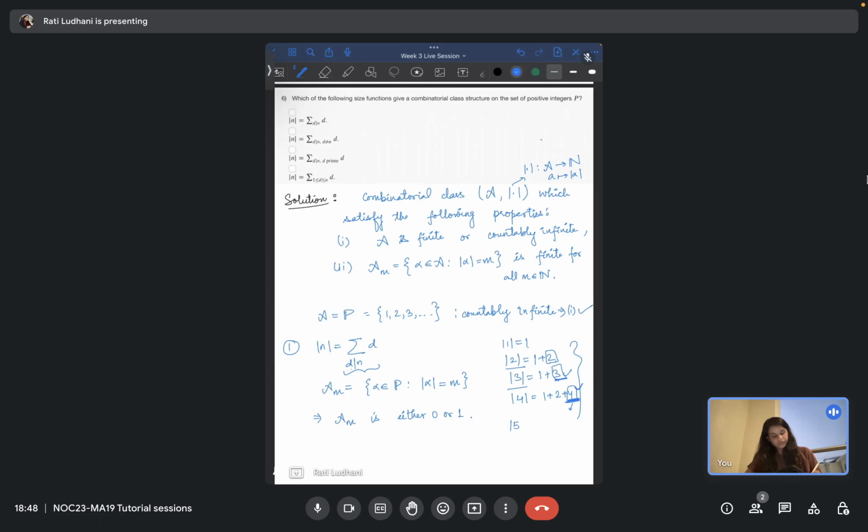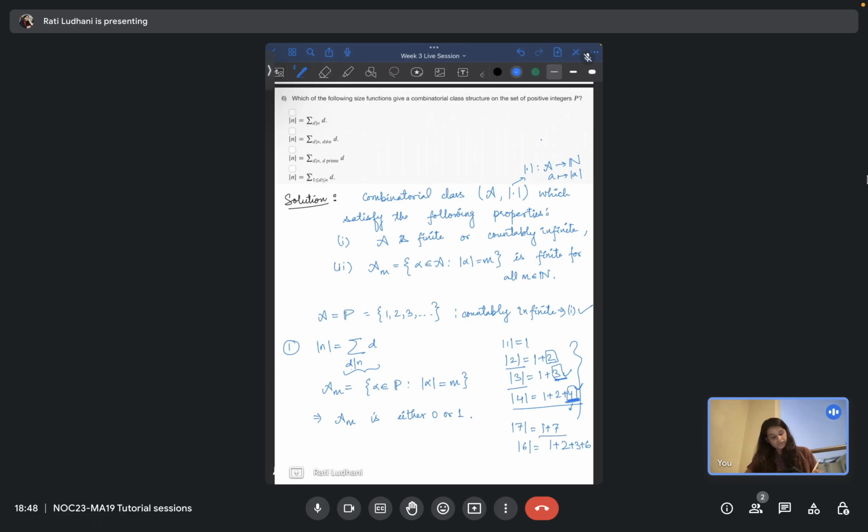for example, you have 5, you will get 1 plus 5. And for example, when you have something lesser, what is my point? If you take 7, you will get 1 plus 7, and 4 you got, and what about 6, you will get 1 plus 2 plus 3 plus 6.